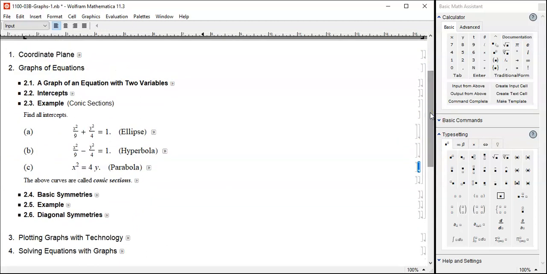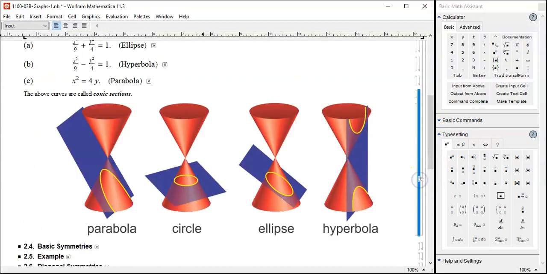By the way, these kinds of curves are called conic sections because of this observation. Consider a couple of cones like these, and then cut those with an appropriate plane. Cut this parallel through the side, then we get a parabola. Cut it horizontally like this, we have a circle.